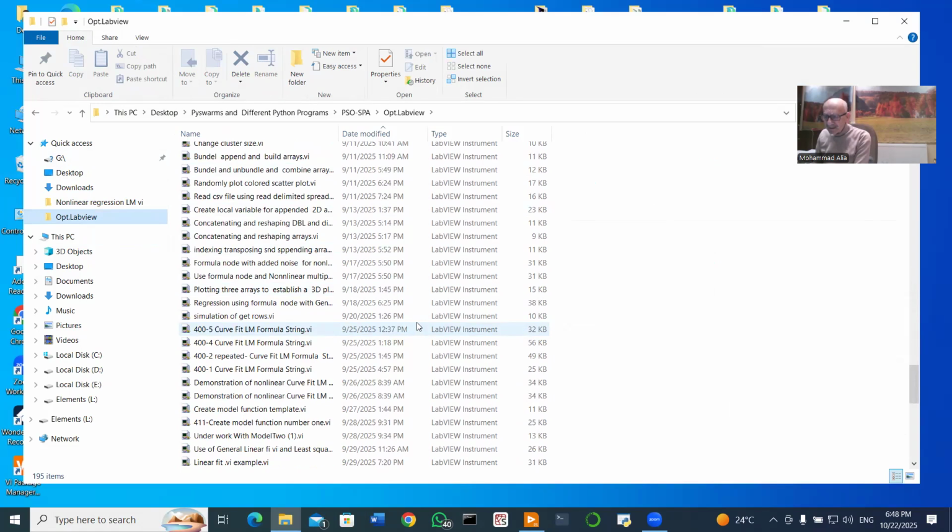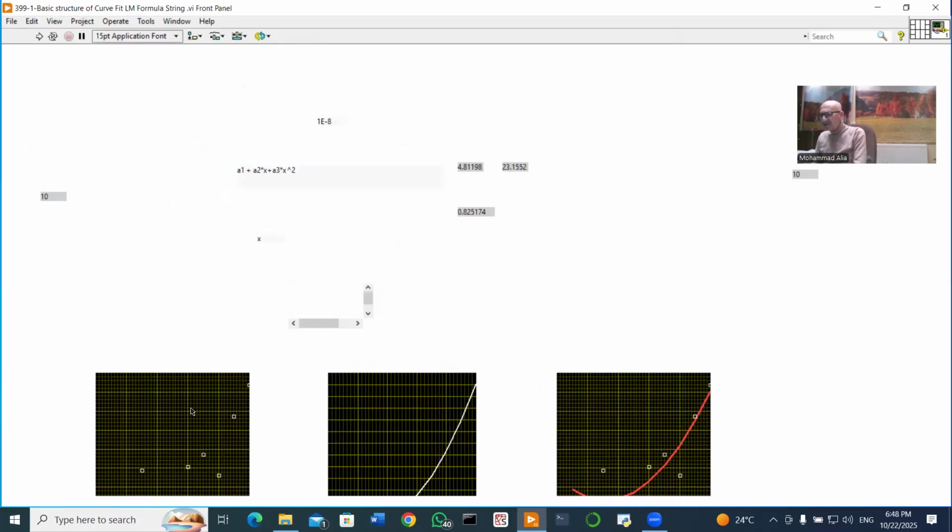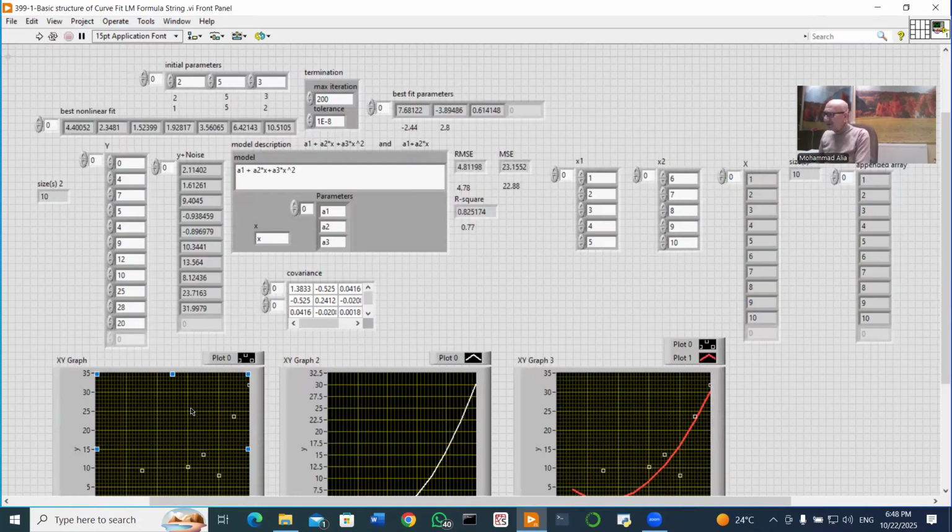We are still in the nonlinear function, and this is really important because, as you see, the nonlinear gives more flexibility, and most of the relationships between the dependent and independent variables are nonlinear.